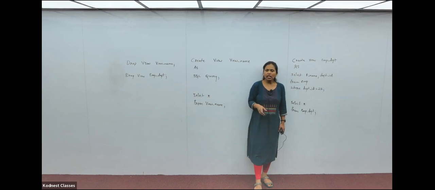Next time, is it required for you to go and fetch that from the actual table itself? Is the data dependent on the actual table? No. Directly when you tell select star from view name, from the view itself, it is giving you the data. It is not dependent on the actual table. That is what it means. So the views will provide data independence. Is this clear to everyone?